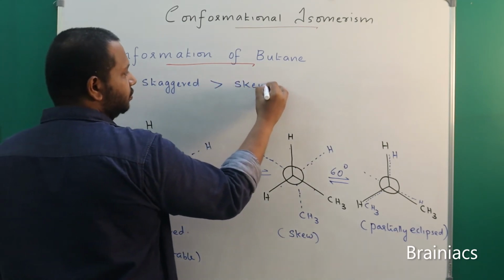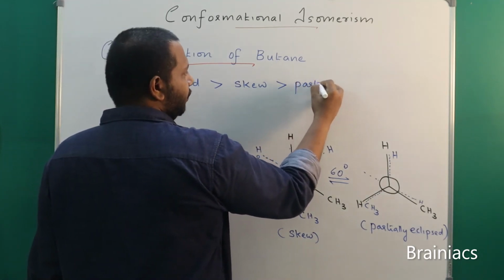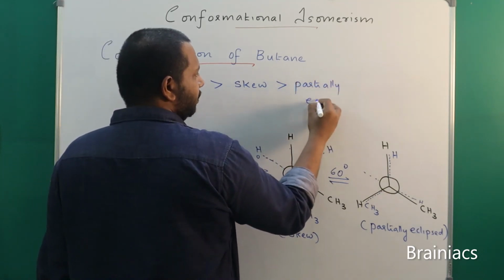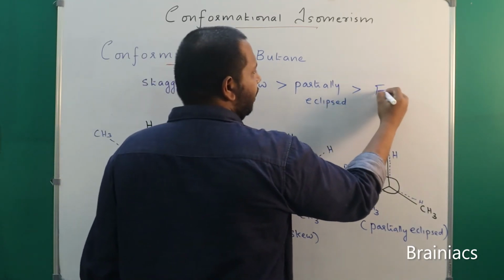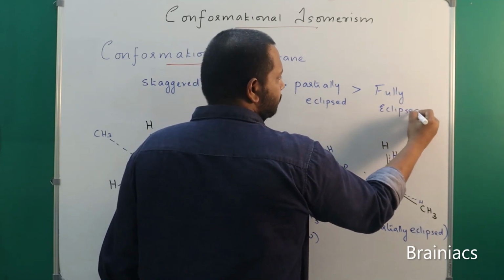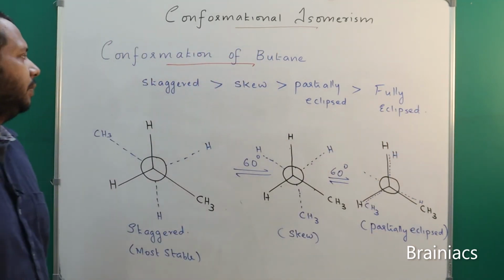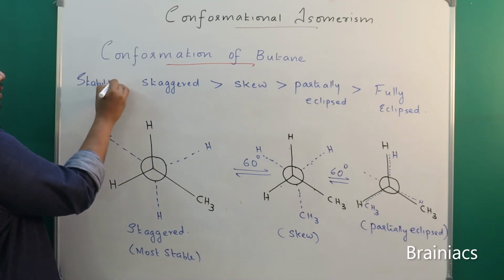Then we have partially eclipsed. Then we have fully eclipsed. Clear? So this will be the stability order.